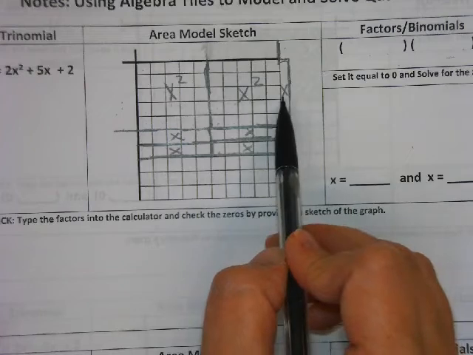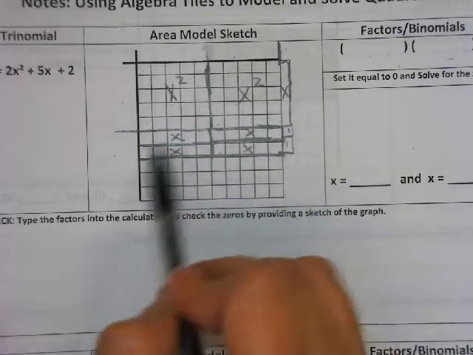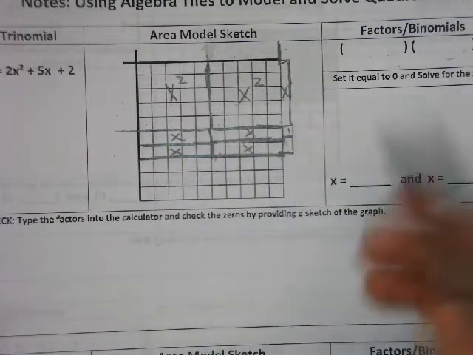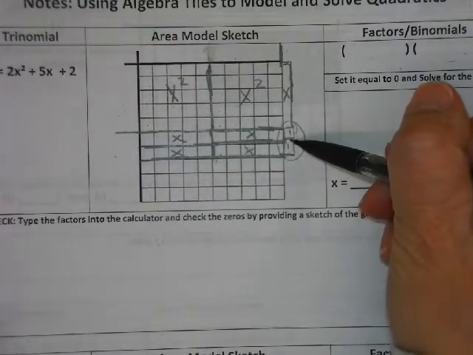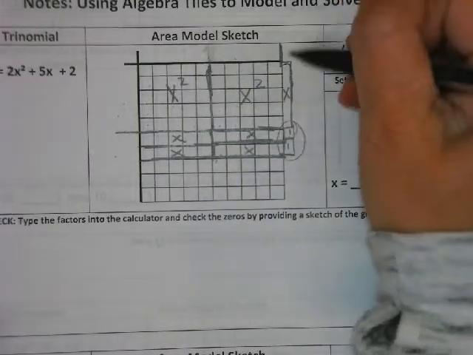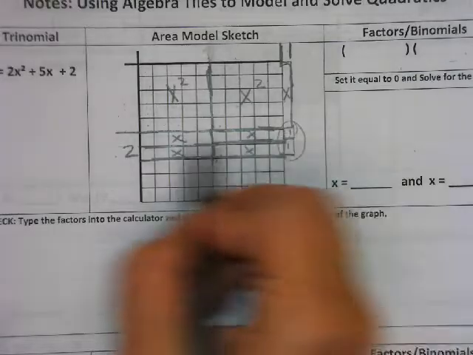I also know that something times something is 1x, and whatever is here times something is 4x's, and then I have 2 1s here. So let's actually start down here with our constant, because there's only one thing that can be something times something is 2. What is it? 1 times 2. And look, this is 1 and 2, because there's 2 on this side. Do you see how I did that?